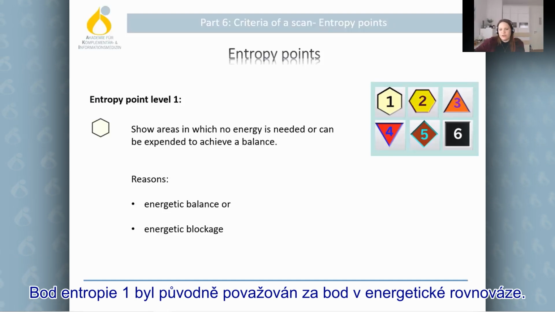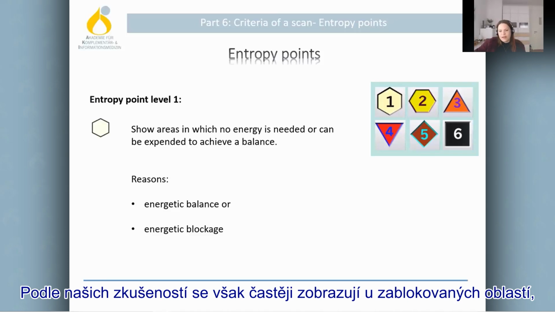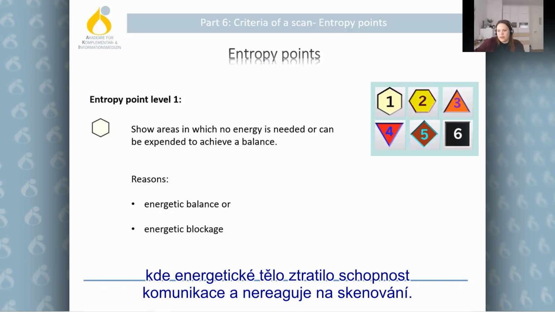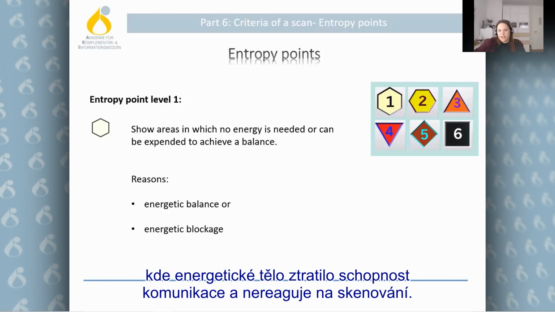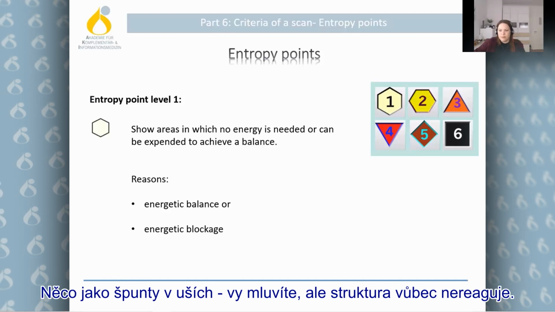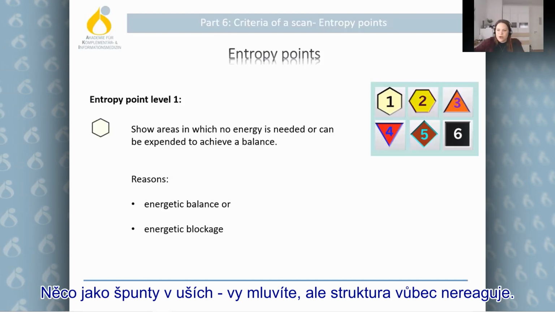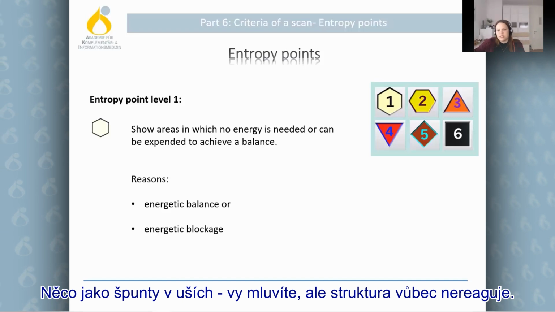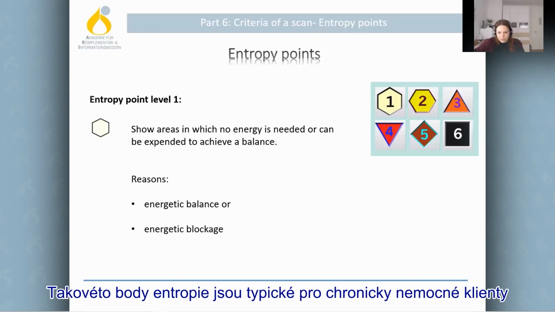The level 1 entropy was originally interpreted as an energetic balance. However, from our experience, these points often relate to blockages where the energetic body eludes communication and does not answer during the scan. So this is the dog with the headphones on. You talk to it and the structure is not answering really well.